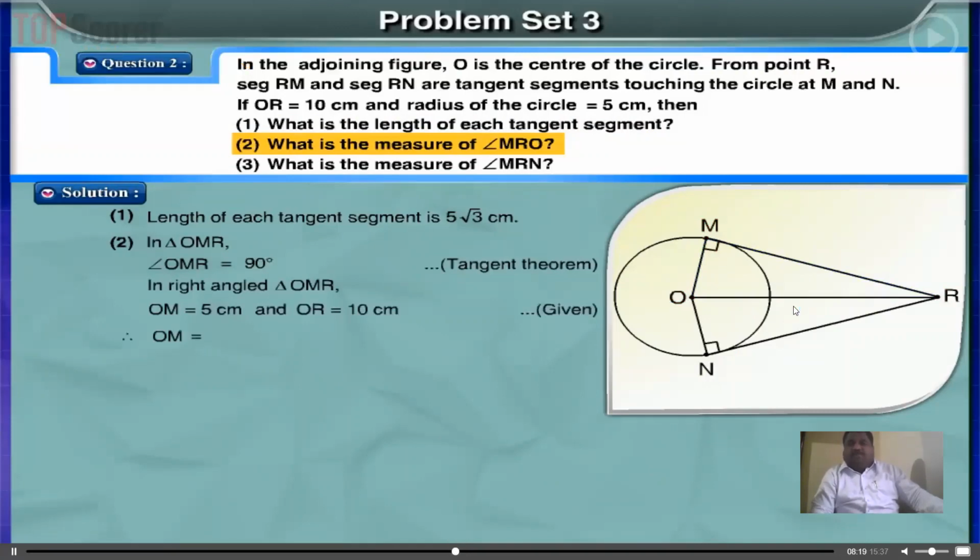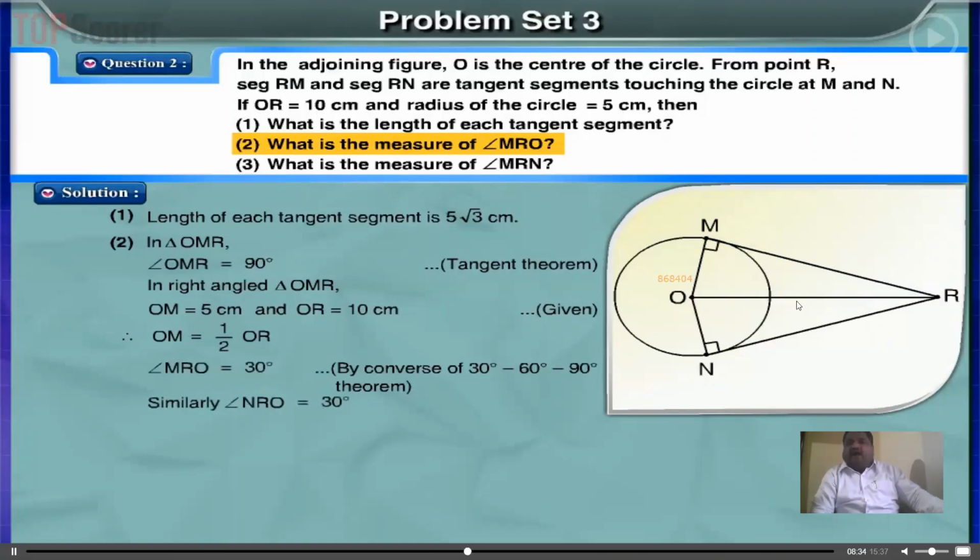Therefore, OM is equal to 1/2 OR. By the converse of 30, 60, 90 degree theorem, angle MRO is equal to 30 degree. Similarly, angle NRO is equal to 30 degree.